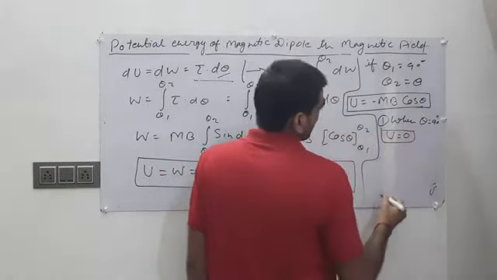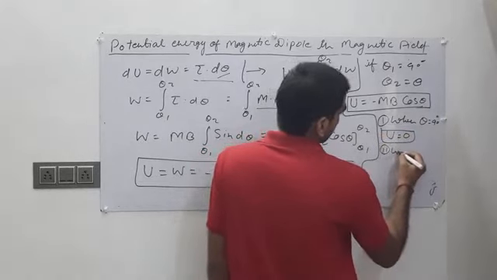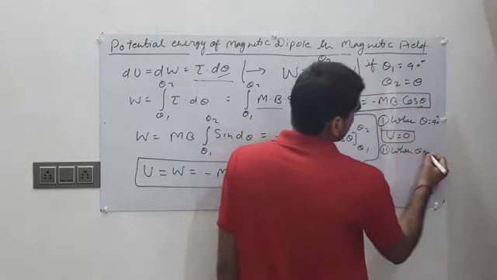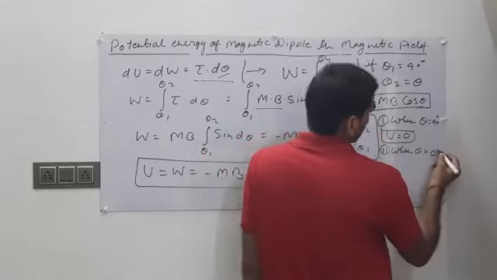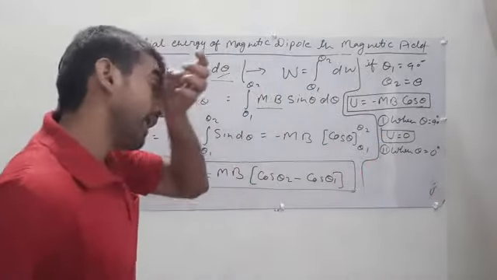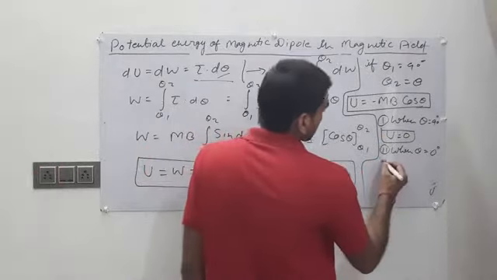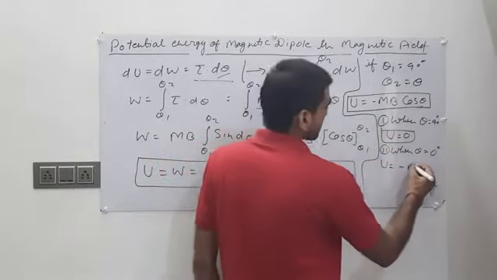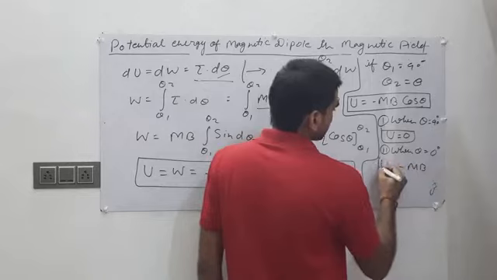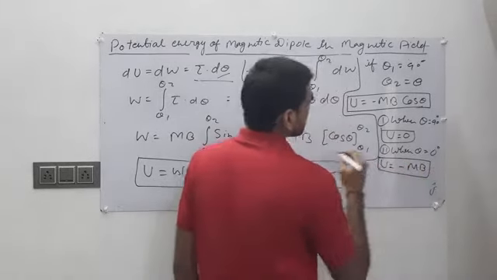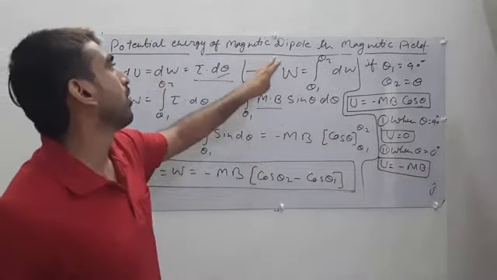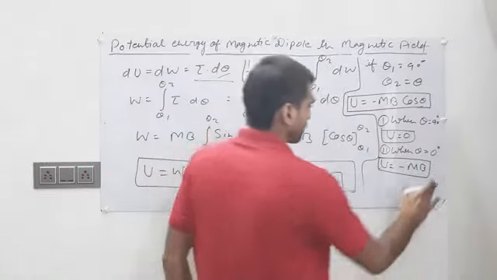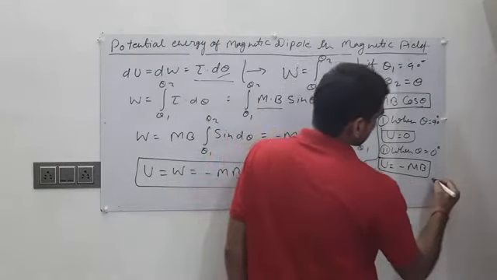The second case is when the angle theta equals 0 degrees. At that time the potential energy is minimum because cos 0 is 1, that means U equals minus m into b. So at this time our potential energy of the magnetic dipole is minimum.